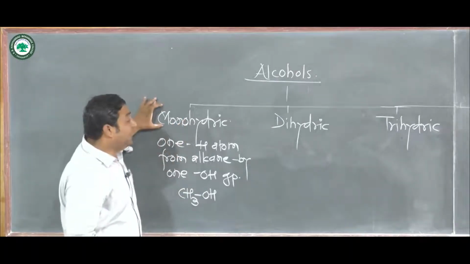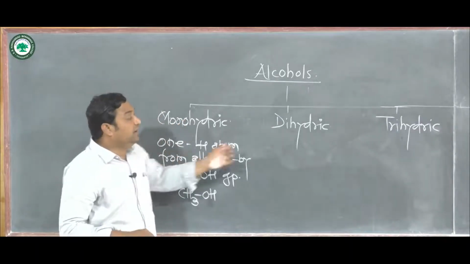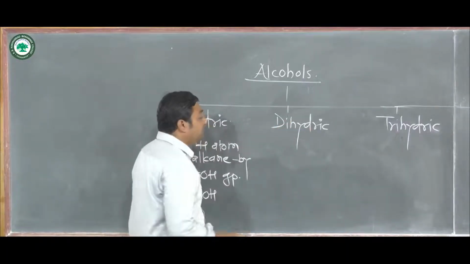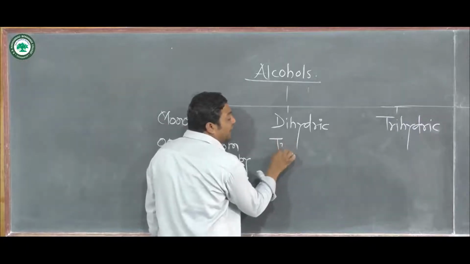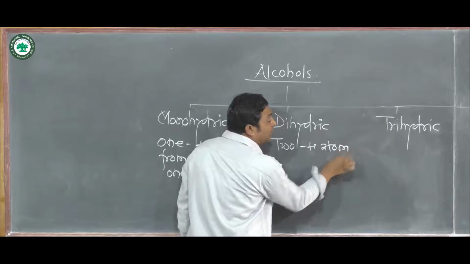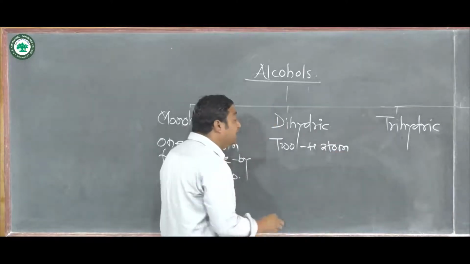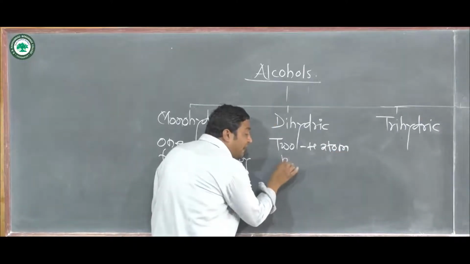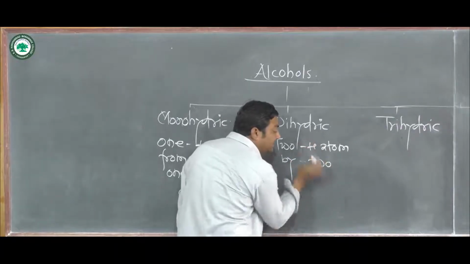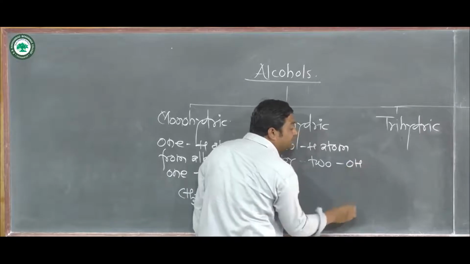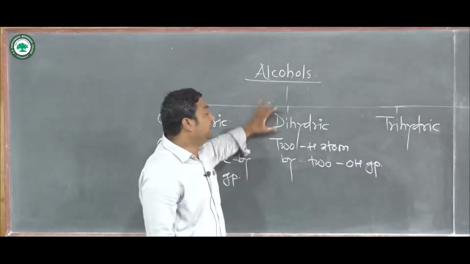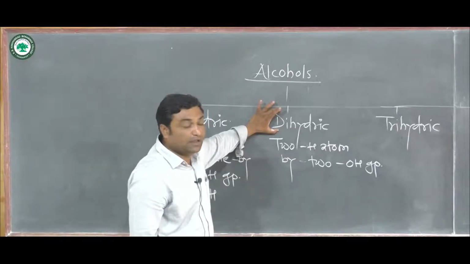Now, like monohydric alcohol, dihydric alcohol is defined as follows: when two hydrogen atoms from an alkane are replaced by two hydroxyl groups, that is two OH groups, then that alcohol is called dihydric alcohol.